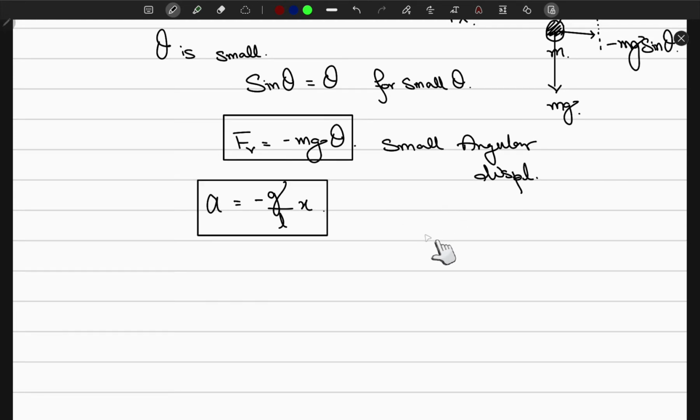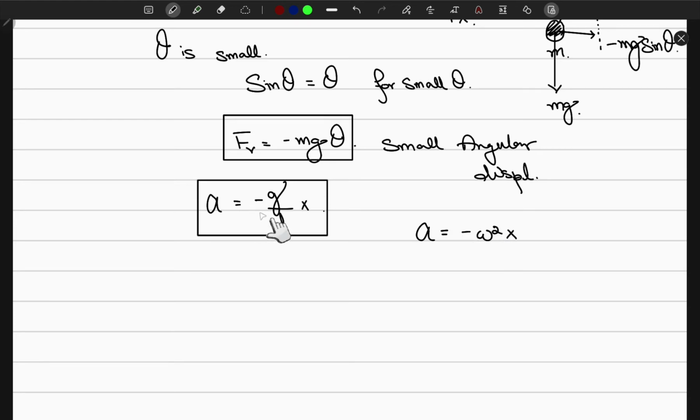Now recall that the acceleration in simple harmonic motion was given as minus omega squared x, right? So basically, if this simple pendulum were a simple harmonic motion, then these two accelerations should be equal, right? So this acceleration should follow the acceleration for the simple harmonic motion.